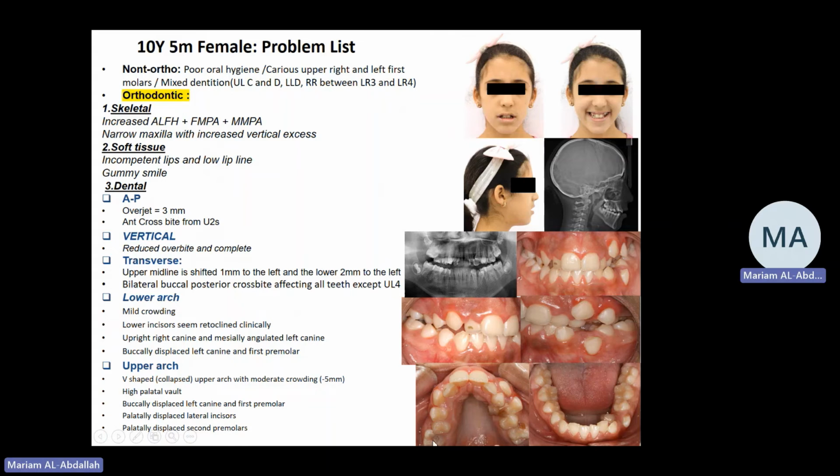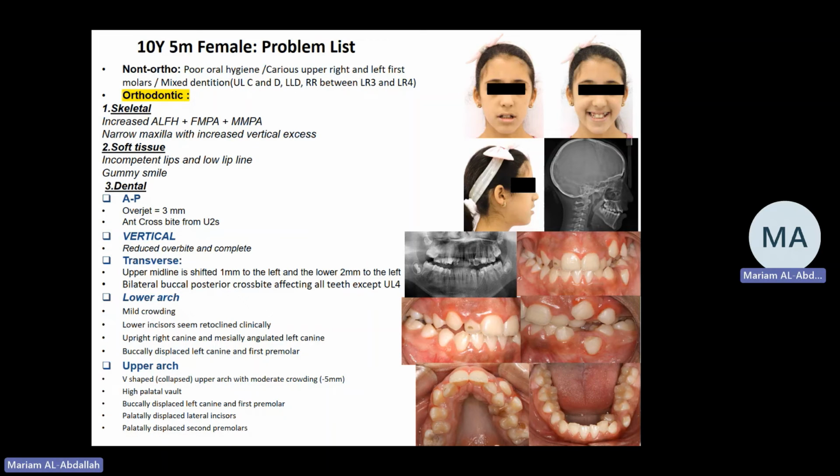This was mentioned at the top with the non-orthodontic problems. Other problems are related to severe displacement of the upper left canine and first premolar buccally, and palatally displaced both laterals and both second premolars, with 5 millimeters of crowding.